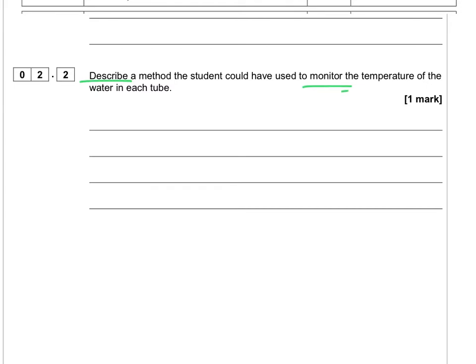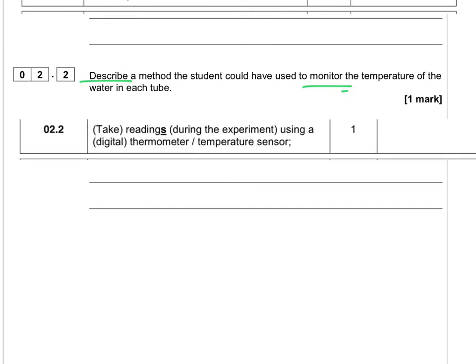So it's going to be take the readings using a thermometer. If you said take a reading using a thermometer, that would be incorrect, because it does say you need to monitor the temperature. So that would assume that the water is checked regularly, more than once during the course of the experiment.